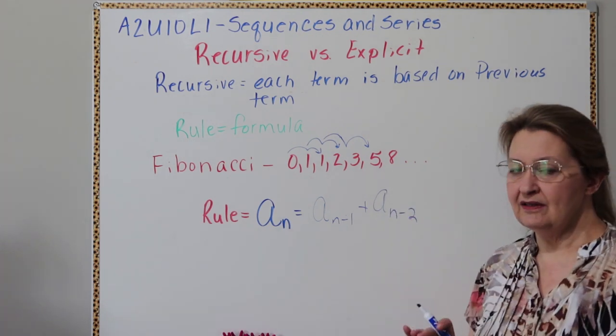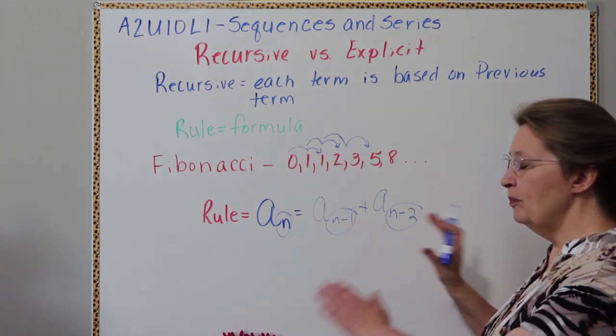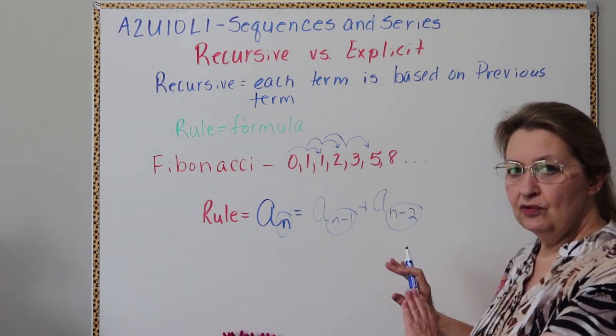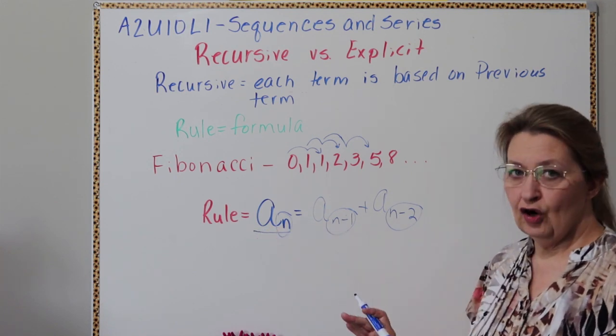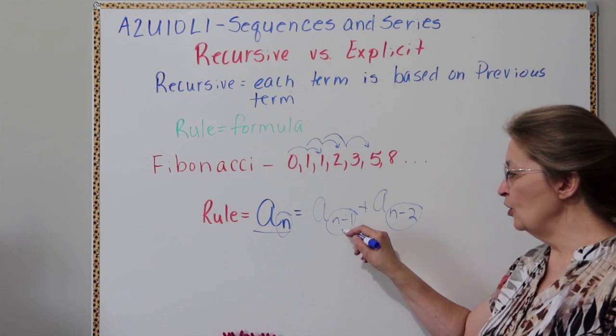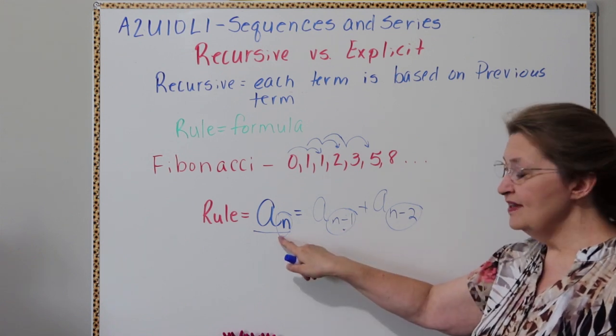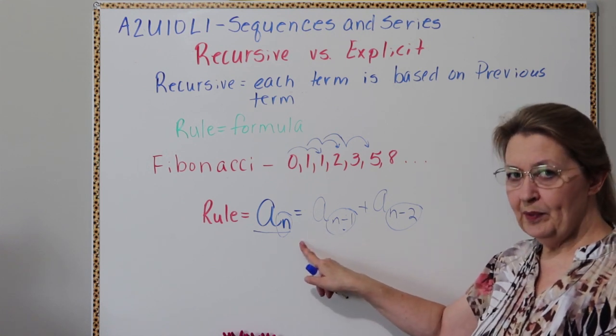So let's just look at this. These subscripts tell you the position. So what this rule is actually saying is that to find the nth term, whatever number that is, you are going to add the terms that come before it. If this is A to the N, A to the N minus 1 means back up one space.